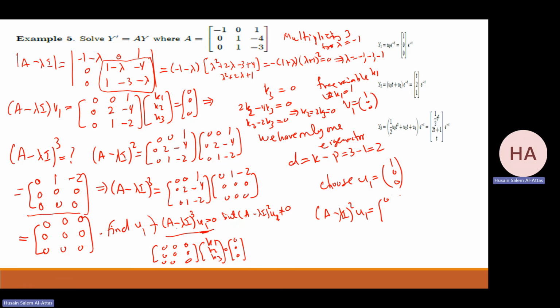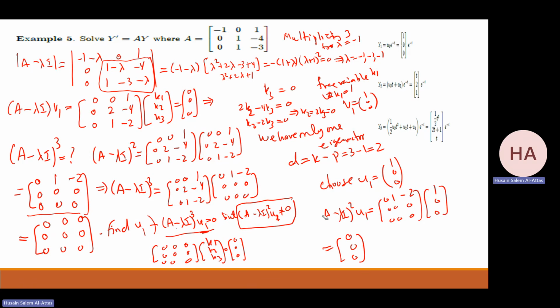That will be 0, 1, minus 2, 0, 0, 0, 0, 0, 0 times U1. You will get what? This, that will be 0. I'm getting 0, 0, 0. So that will not help. That choice is not correct. I don't want it to be 0. I want this not equal to 0.